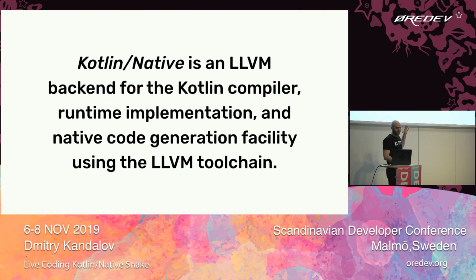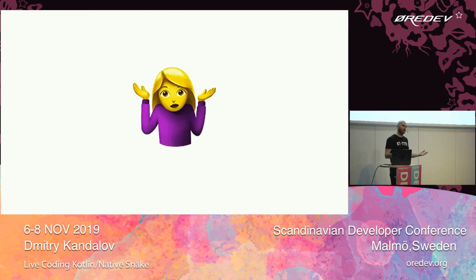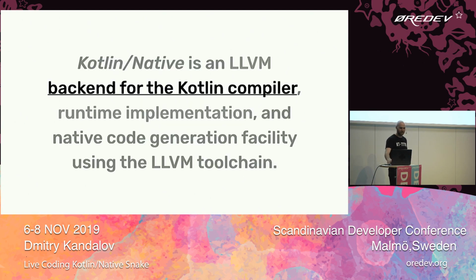Here is a bit more technical definition from this GitHub repo, which says Kotlin Native is the LLVM backend for the Kotlin compiler, and so on. If you're not a compiler developer, it can be a bit confusing, so I'll try to explain the definition. One thing which might not be obvious: what does it mean to be a backend for the Kotlin compiler?